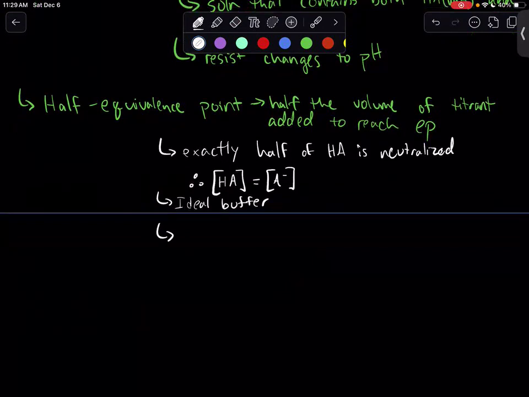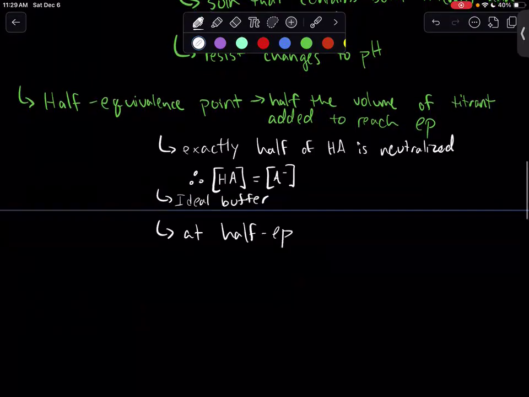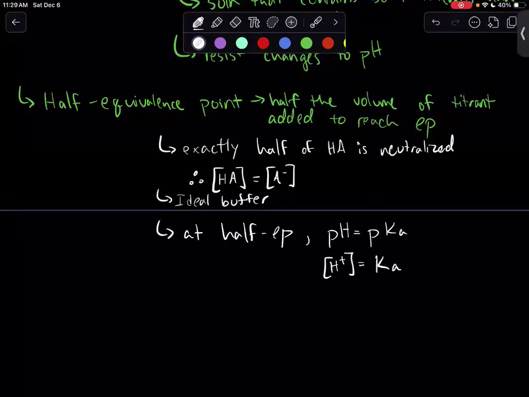Lastly, at half equivalence point, we can determine the pKa because the pH is equal to pKa. And therefore, because pH is equal to the pKa, we can also tell that the concentration of hydrogen ions is equal to the Ka.